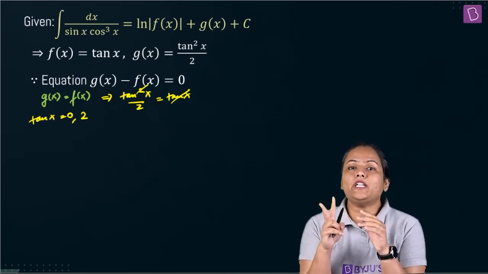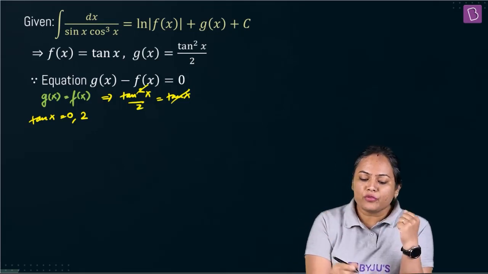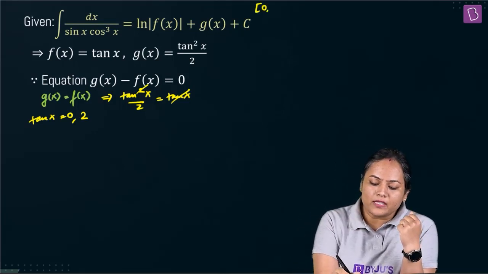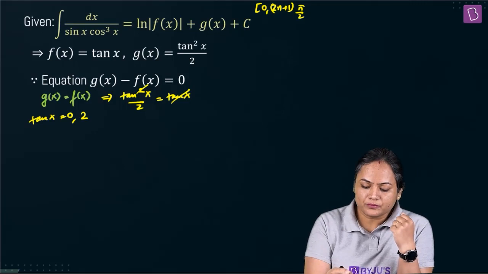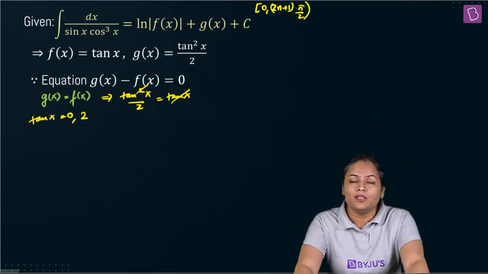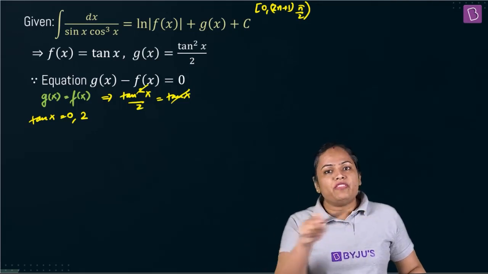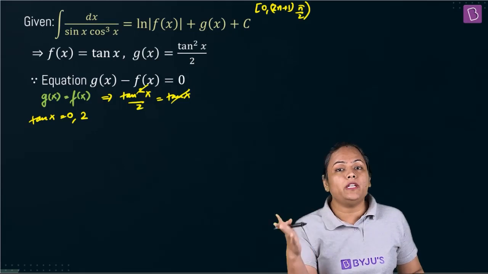So there are basically two different values coming, 0 and 2. And we have to find the number of solutions between 0 to (2n plus 1) pi by 2. Right? And for the number of solutions, what do we do? We plot the graph. We'll find the points where tan x will be 0. We'll find the points where tan x will be 2.